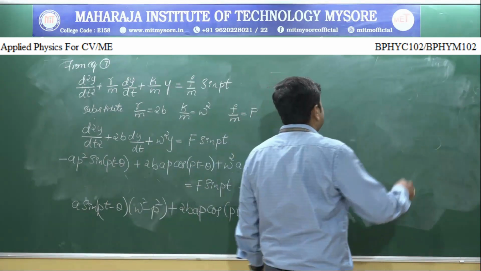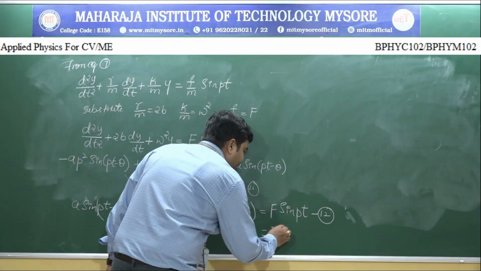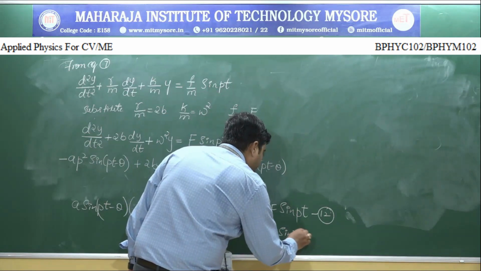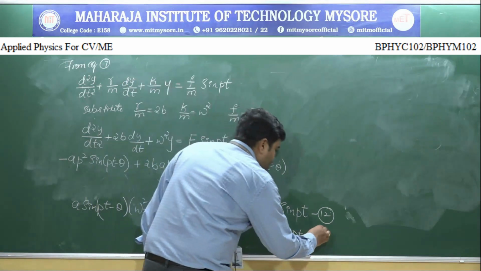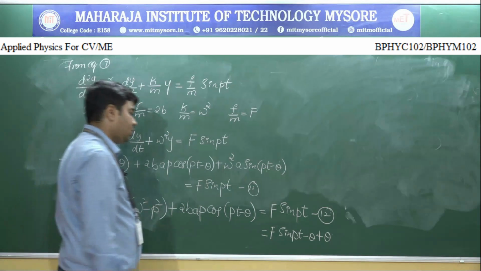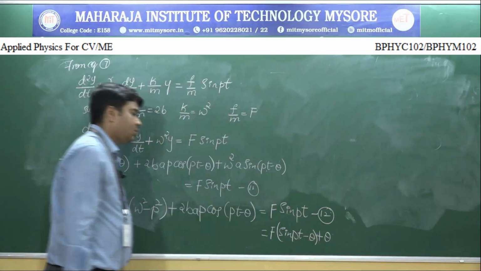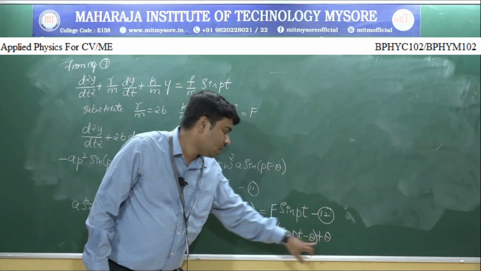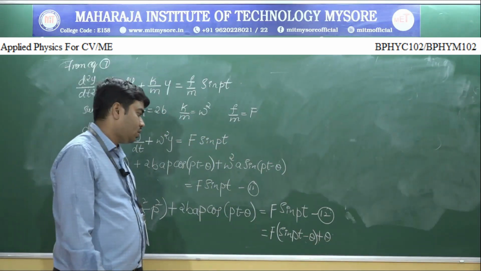So we can write this as F sin(pt minus theta plus theta). As you can see, I have added theta and subtracted theta so that the equation does not get changed.